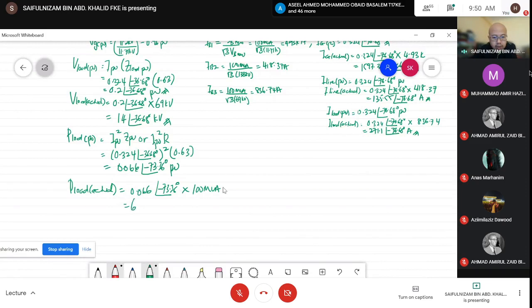You should get 6.6. You can ignore the imaginary part. You take the actual value, right? Yeah. So this is the actual power, 6.6 megawatt, power consumed by the load.